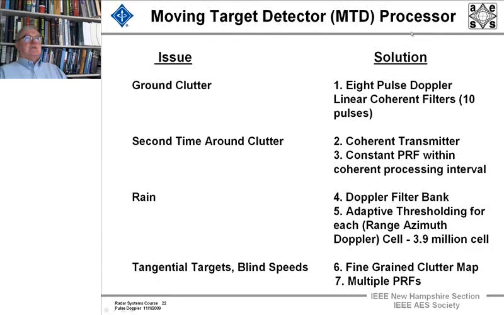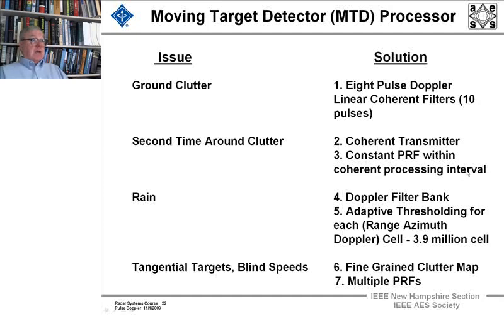Now the moving target detector wanted to solve these problems. It wanted to solve the ground clutter problem, and it does this by 8 pulse Doppler linear coherent filters, which are made up of a total of 10 pulses. We handle second time around clutter with a coherent transmitter and a constant PRF within the coherent processing interval.